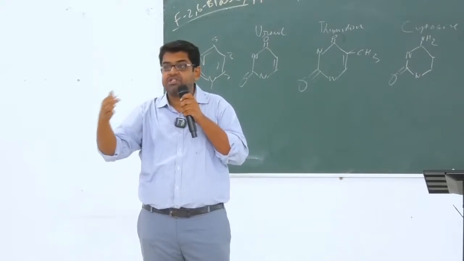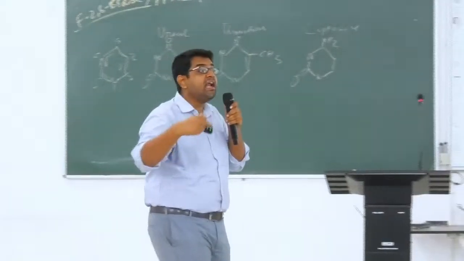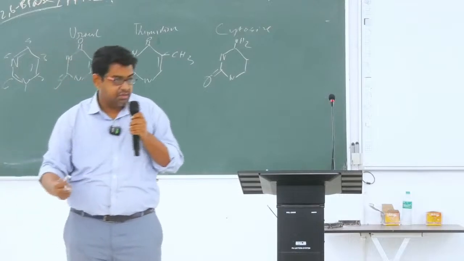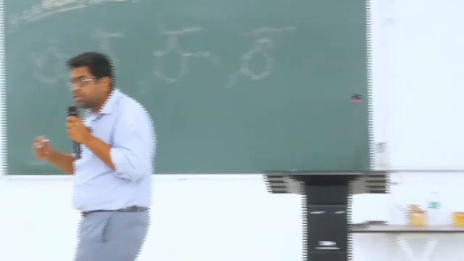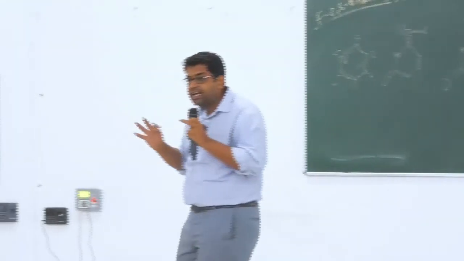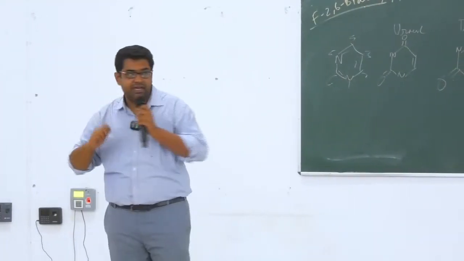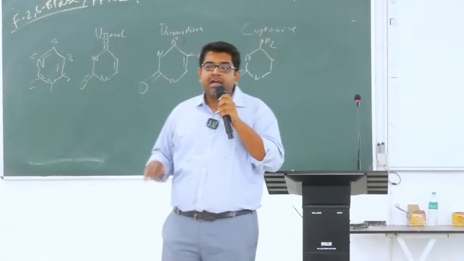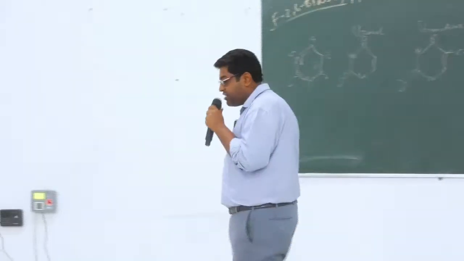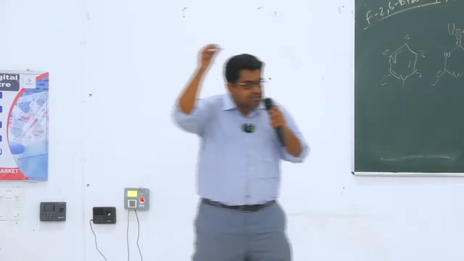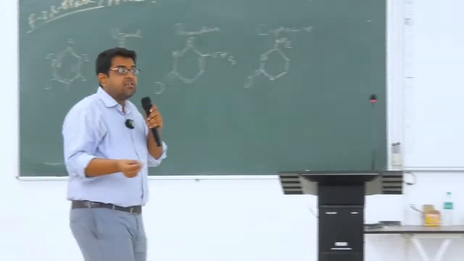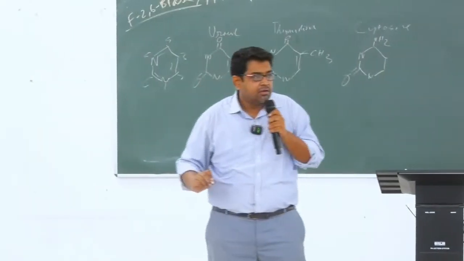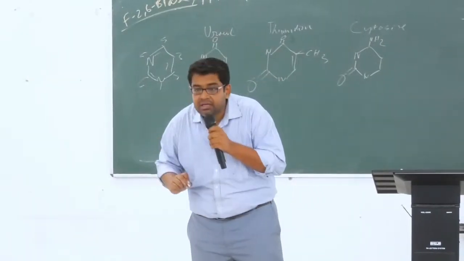Along with that, the HMP shunt allows you to generate NADPH, not NADH, NADPH. And this NADPH is utilized to maintain the integrity of your RBC membranes. And there is another important major role played by G6PD, glucose 6-phosphate dehydrogenase. So if this enzyme is deficient and the person is suffering from malaria, you give the person quinine and then you give the person primaquine.